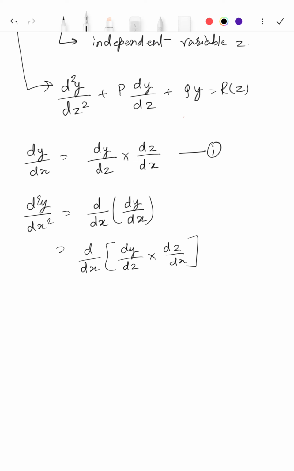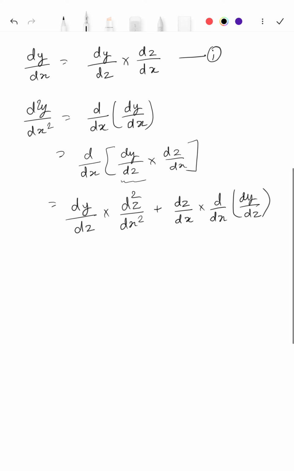So now we will apply the chain rule here. In the first case we will keep this as constant, and we will get dy by dz into d2z by dx square, right? And in the second case we will keep the second term as constant, so we get dz by dx times d by dx of dy by dz.